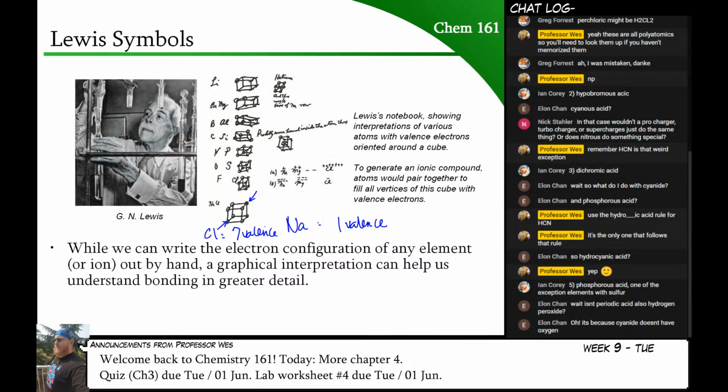And then if you could fill all the corners of the cube, then you would get a stable result. And so Lewis predicted, oh, okay, if I can get NaCl by just moving electrons around, then this must be the formula that occurs. And it totally is the compound that we observe. He's just trying to devise a model that represents this.